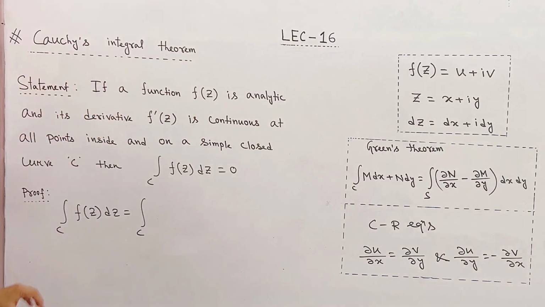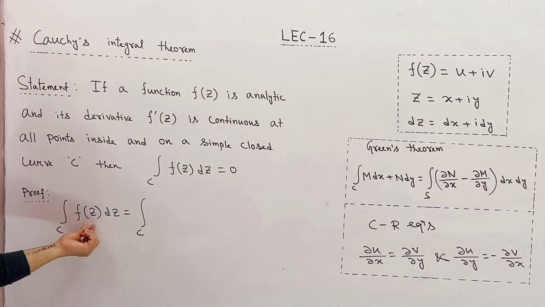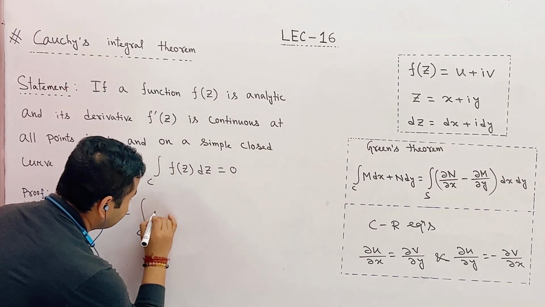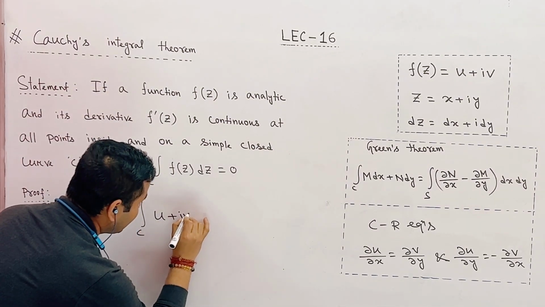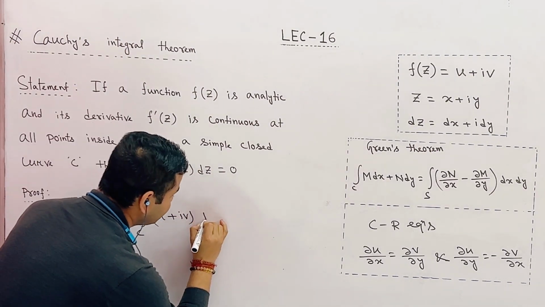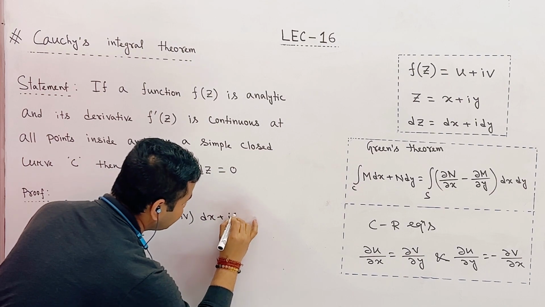Now let us substitute the values of f of z and dz here. So f of z equal to u plus iota v and dz is equal to dx plus iota dy.